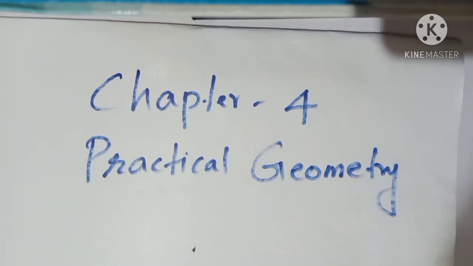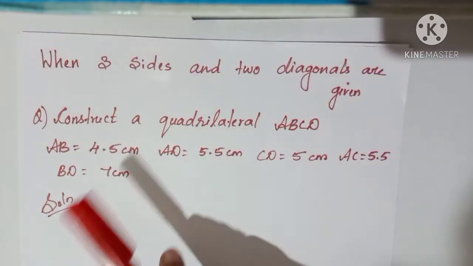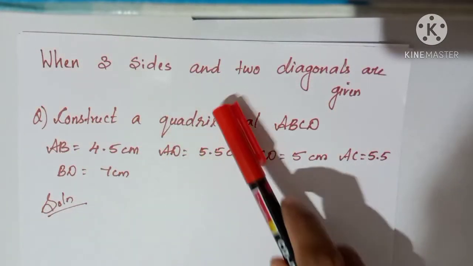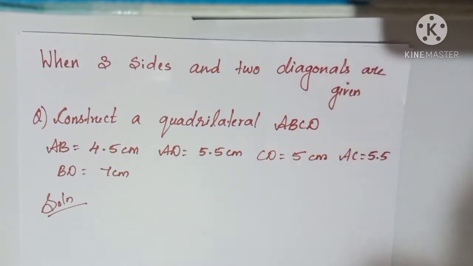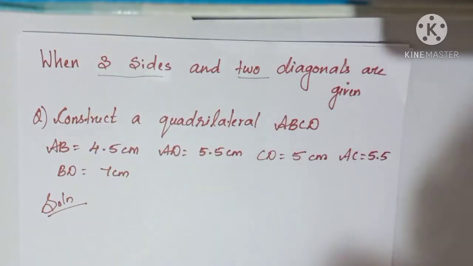So what is the second method? When three sides and two diagonals are given. When the measurements of three sides of the quadrilateral and two diagonals are given, how will you construct the quadrilateral?